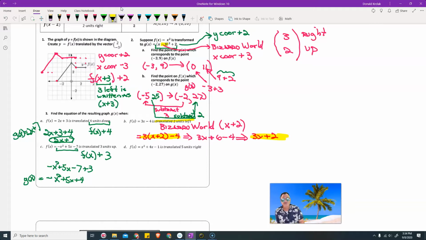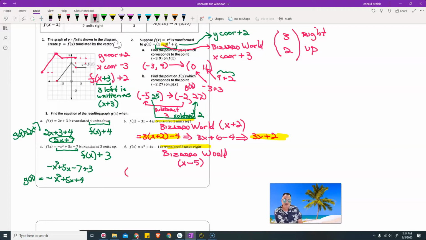All right, 5 right. Okay, so 5 right means I gotta be thinking bizarro world. So 5 right means I'm going to take x and I'm going to subtract 5. That means 5 right.